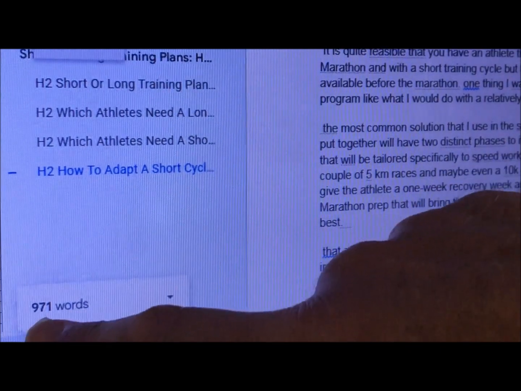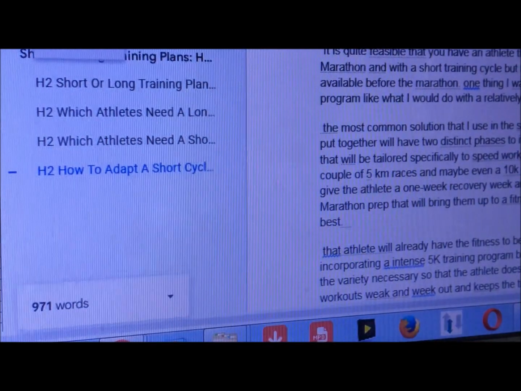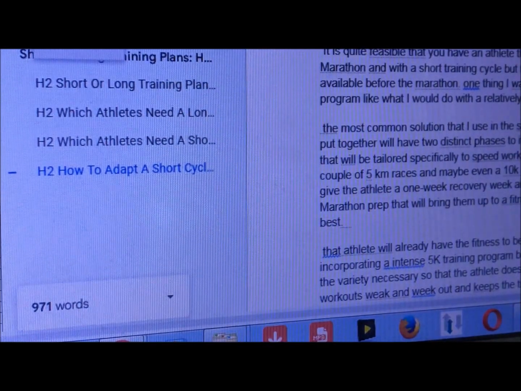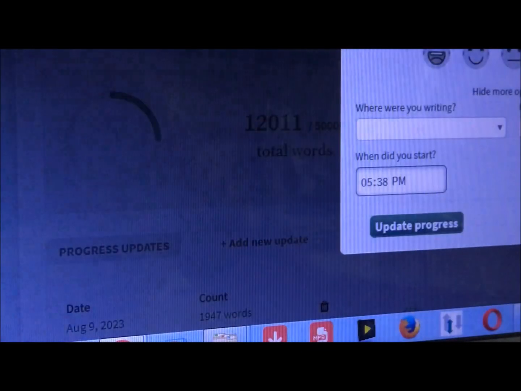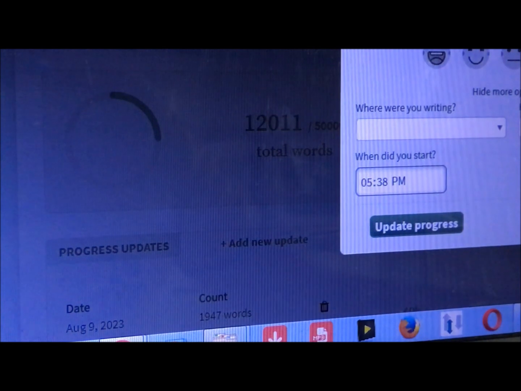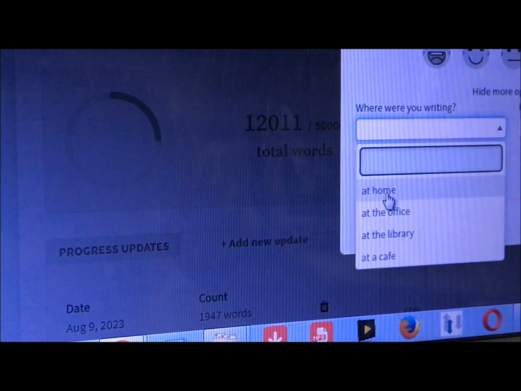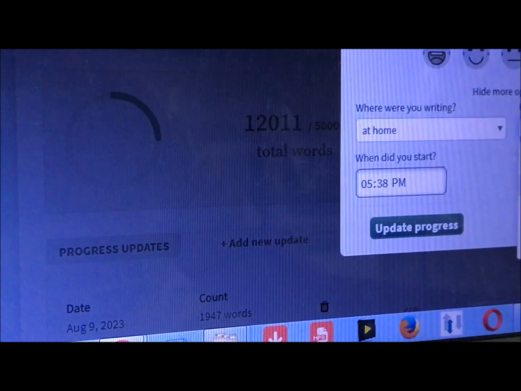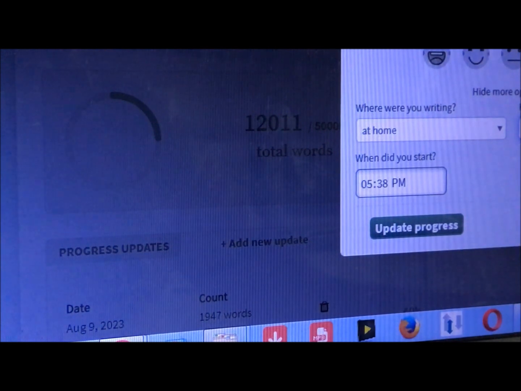So within 10 minutes, we're looking at 971 words, which, if I go over into NaNoWriMo and I add my 971 words to my total, there we go.